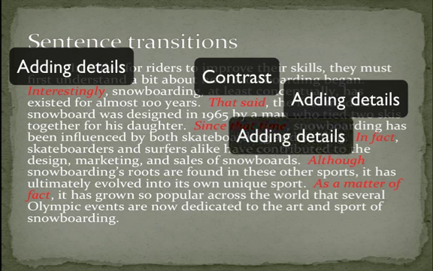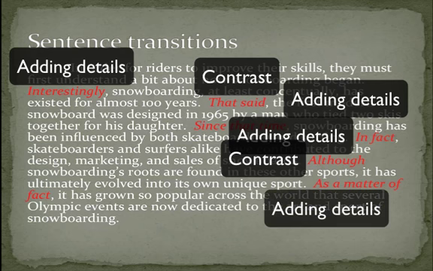In fact, skateboarders and surfers alike have contributed to the design, marketing, and sales of snowboards. Although snowboarding's roots are found in these other sports, it has ultimately evolved into its own unique sport. As a matter of fact, it has grown so popular across the world that several Olympic events are now dedicated to the art and sport of snowboarding.